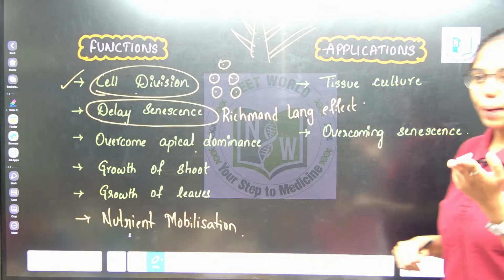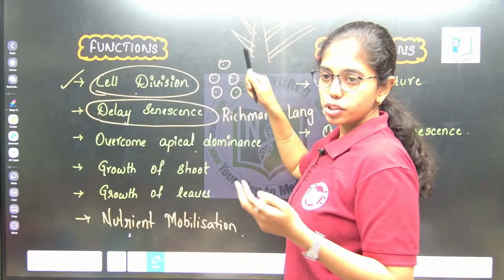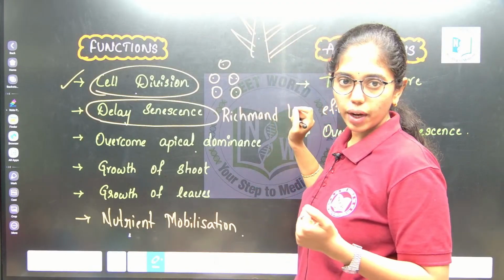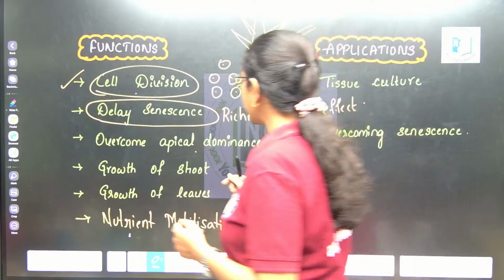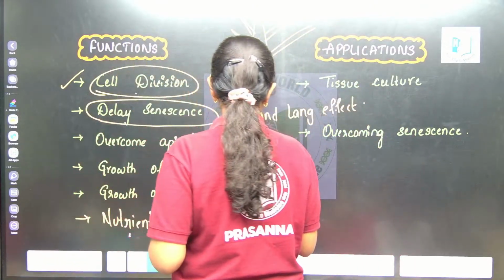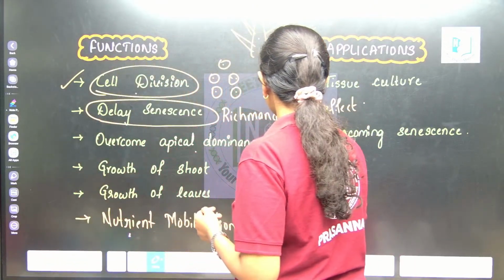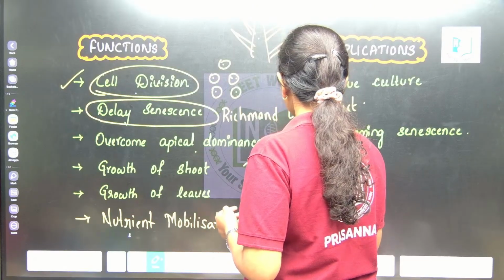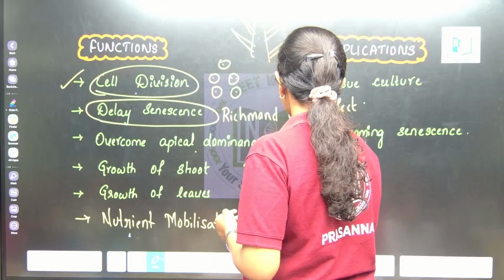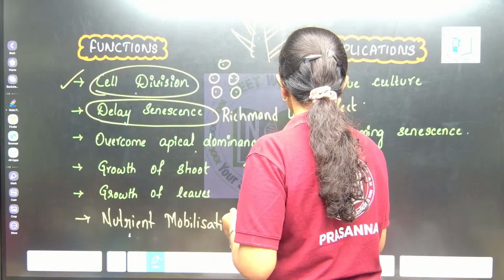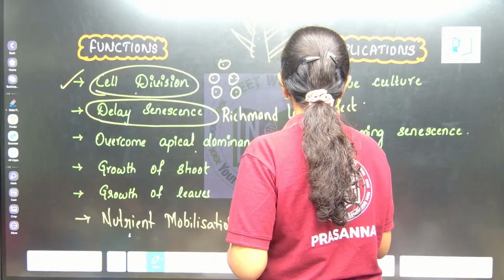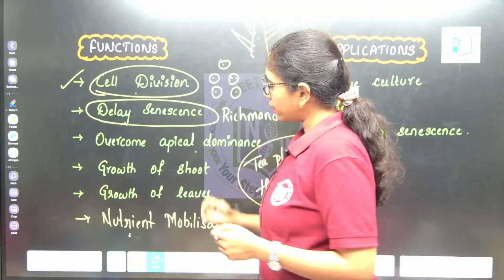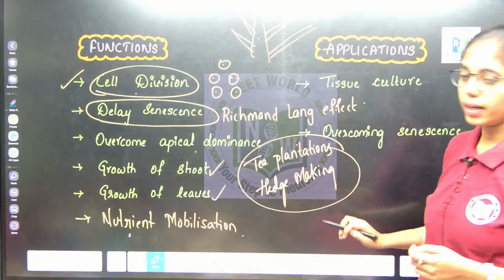Decapitation of the apical buds or spraying of cytokinins will be used in tea plantations and hedge making. And then growth of shoot, growth of leaves.